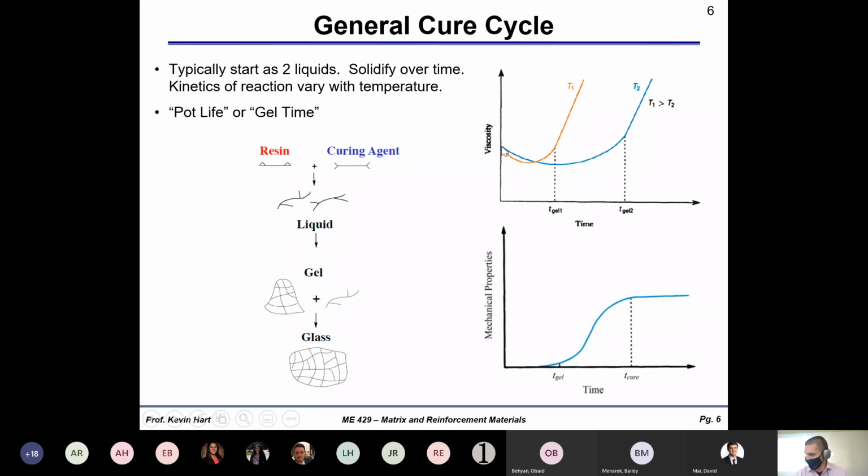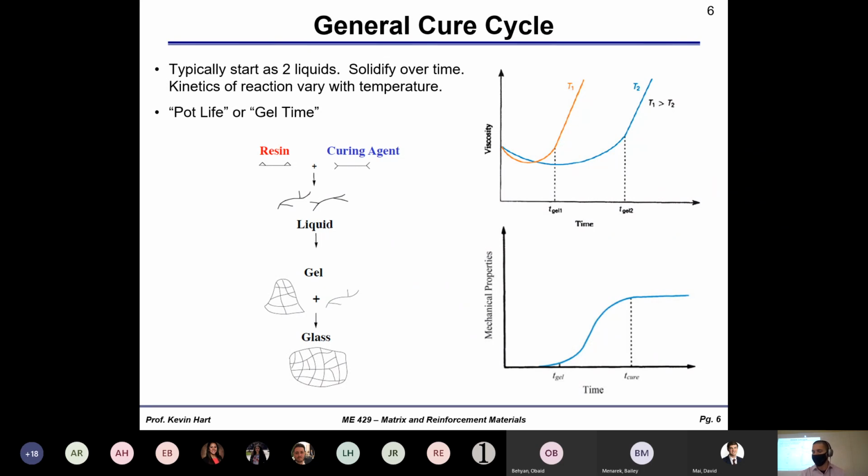If the temperature is low, the viscosity will lower initially because it's heating up, because it's a chemical exothermic reaction, and then it will eventually shoot off to infinity here as it begins to harden and create your solid product. If we increase the temperature, the character of the curve basically looks the same, except it's shifted by a multiple of maybe 2, it looks like, by the graph.